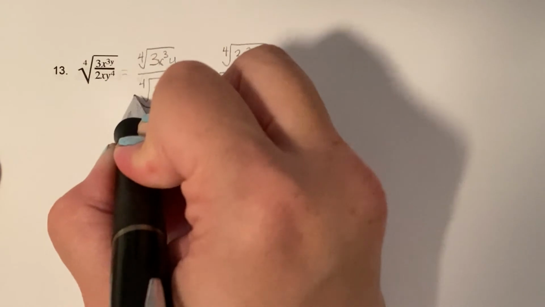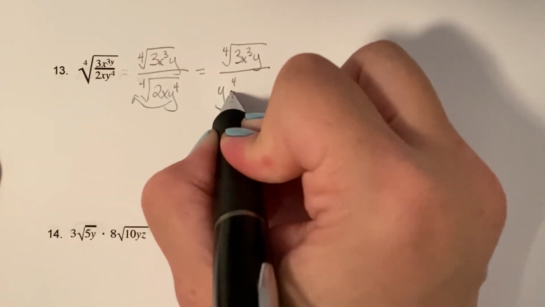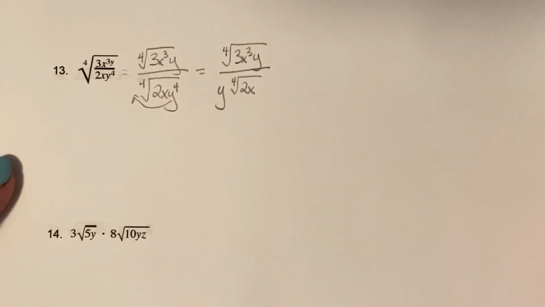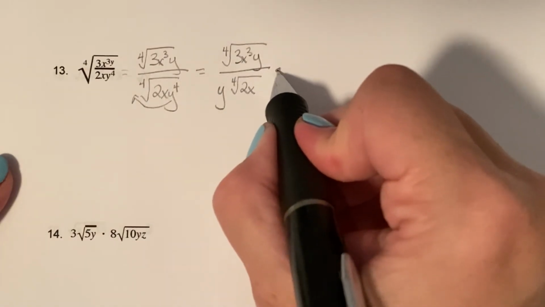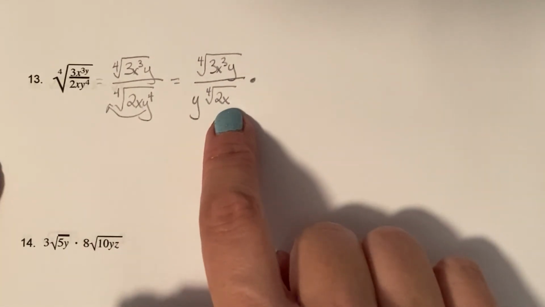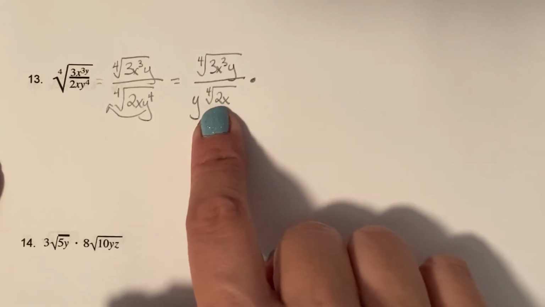Okay, 4 divided by 4, just 1. 4th root, 2x. Okay, so our goal here is to multiply this by something so that this denominator will not have the 4th root in it any longer.